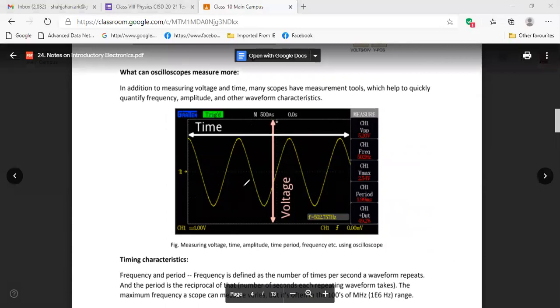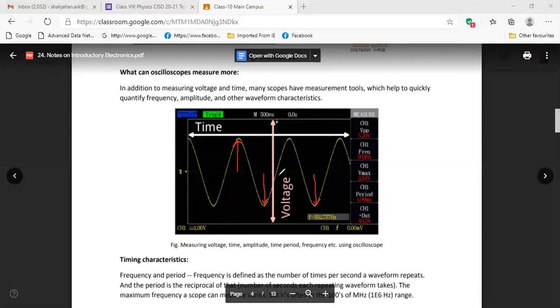From here till here it is amplitude, and here it is amplitude too. So in one complete wave we have two amplitudes, one for the crest, another for the trough.